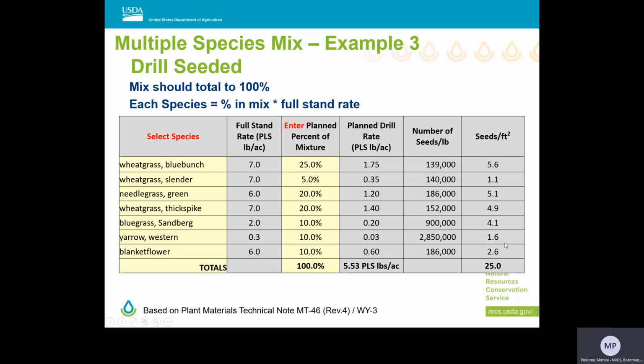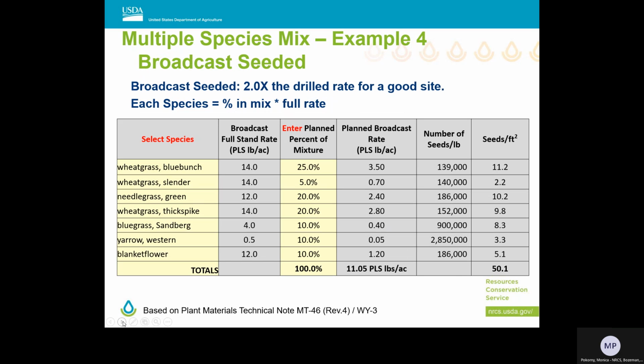I want to point out that notice here the number of seeds per square foot that result for each of the species, and we're still at that target seed rate of between 20 and 25 seeds per foot for mostly medium-sized seeds in this case.